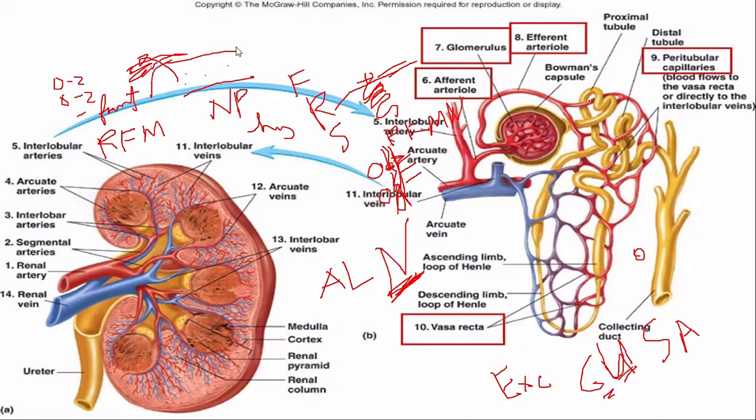So you will destroy your renal filtrating membrane. Therefore, the red blood cells can get out because the pores will widen. And then the renal filtrating membrane will also have an increased permeability. So therefore, proteins could easily get out.